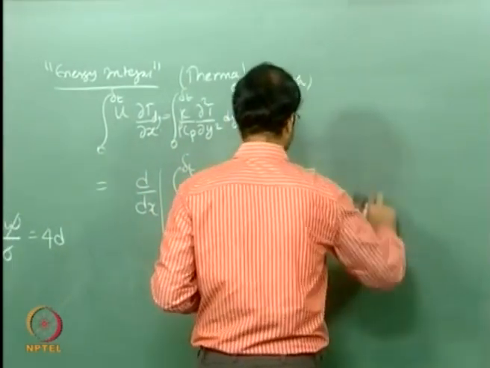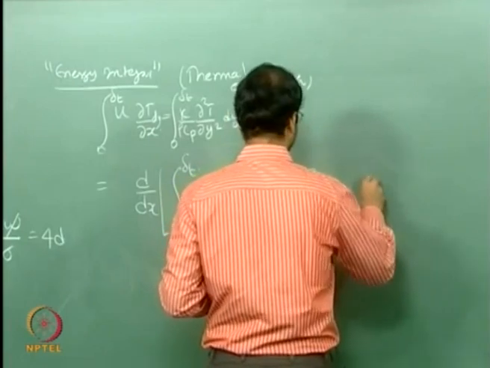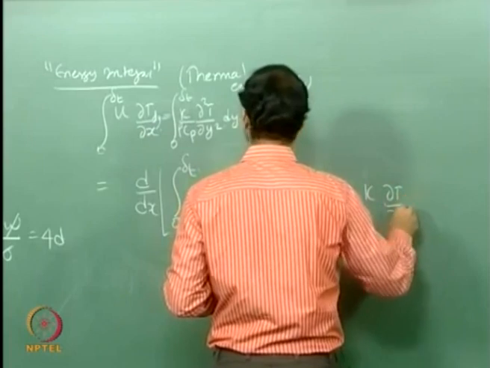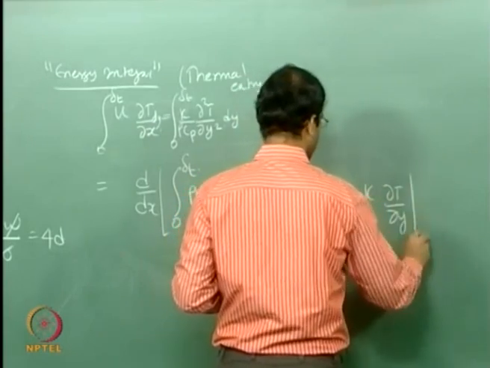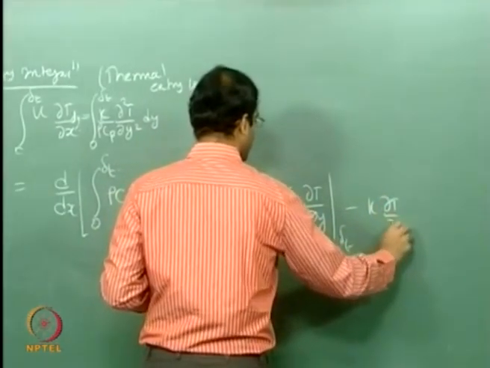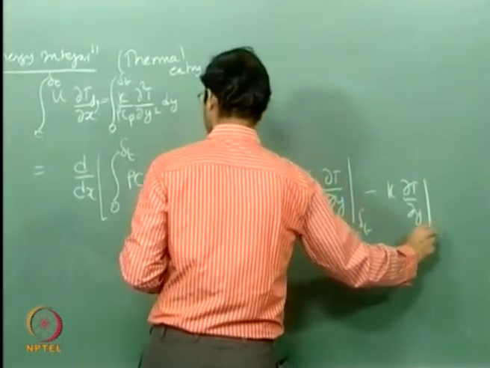So that is basically k dT by dy between the limits 0 and delta t. So this is k dT by dy at delta t minus k dT by dy at 0.